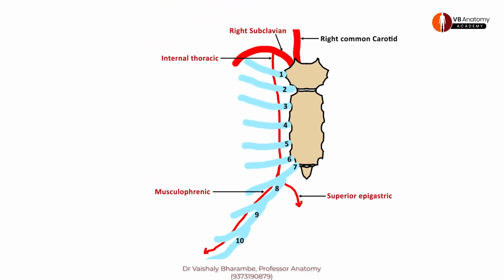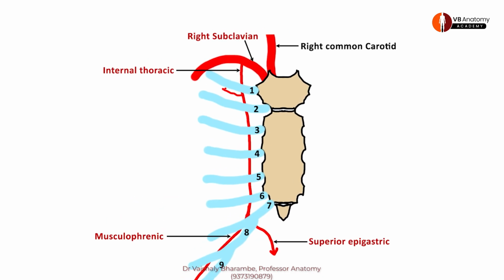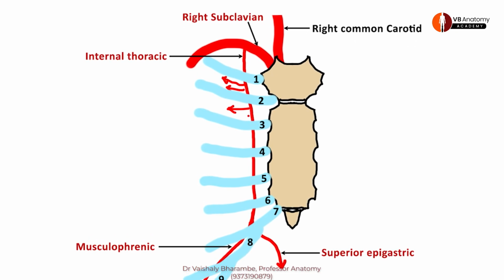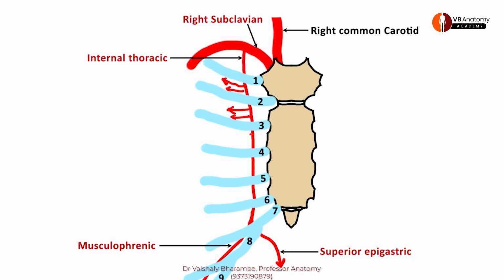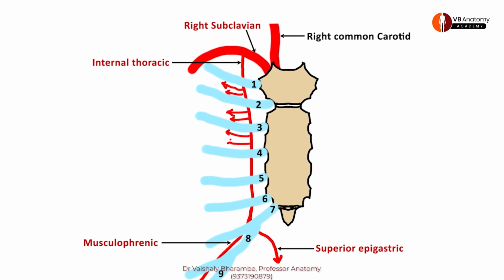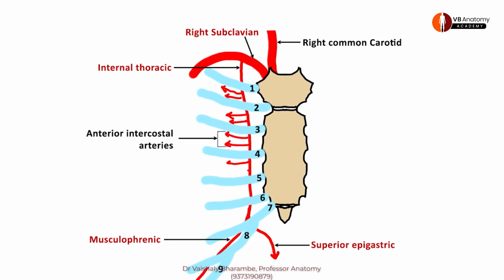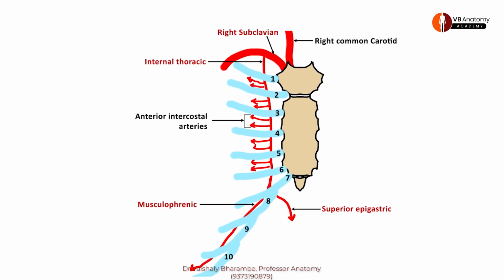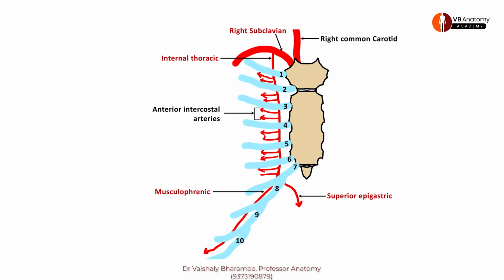And what it's now also doing is in each space it's giving rise to two anterior intercostal branches. 1, 2. In every space it's giving rise to two anterior intercostal arteries. This is true till the 6th intercostal space, beyond which who is giving the anterior intercostal arteries? Now they are given by the musculophrenic, as you can see.